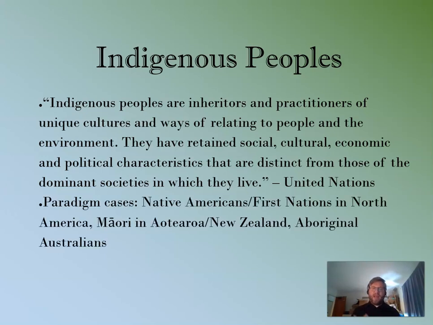So it's kind of paradigm cases, right? The groups that very clearly fall into this definition of indigenous would be groups like Native Americans or First Nations peoples in North America, the Maori people in Aotearoa, New Zealand, or Aboriginal Australia.